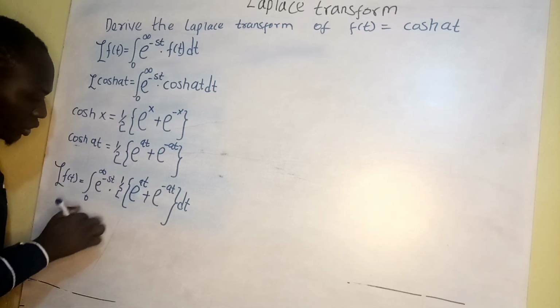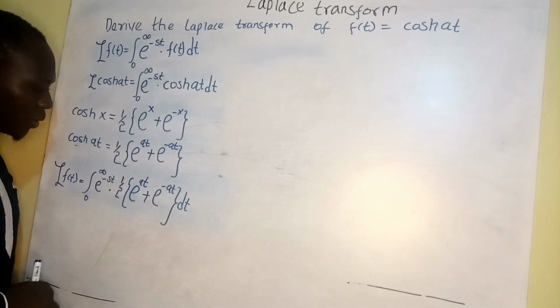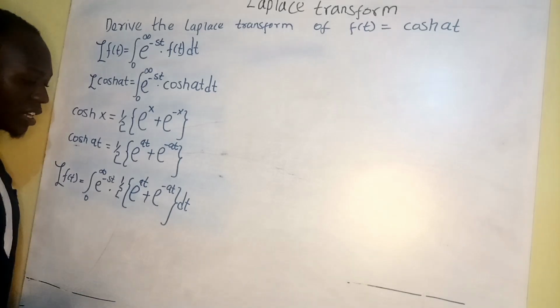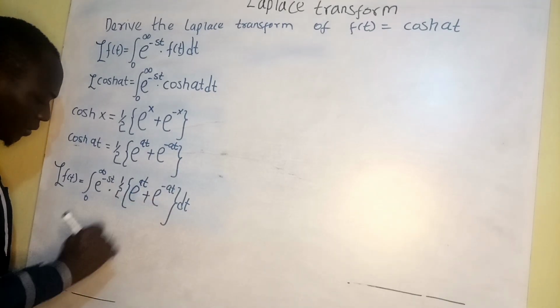Now at this point, we are going to factor out a half because it is not a term of dt, and we open the bracket.